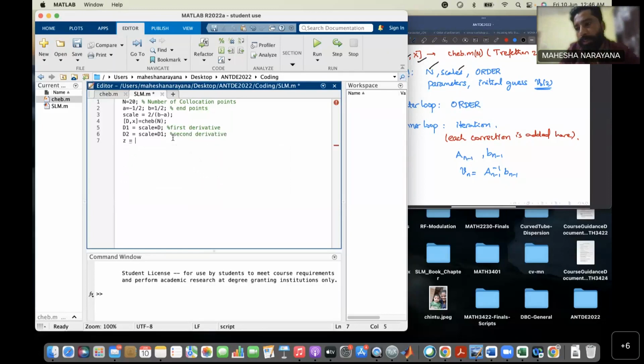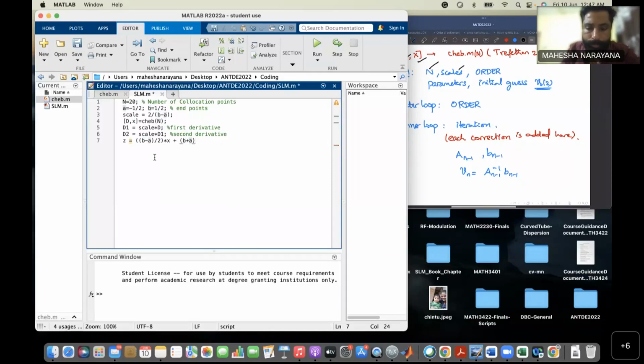So Z and X are related as one of the relations that I showed, a straight line equation: (B minus A) divided by 2 times X. If you want, you can put a bracket there. Plus (B plus A) by 2, I suppose. So that defines the relation between the two variables.